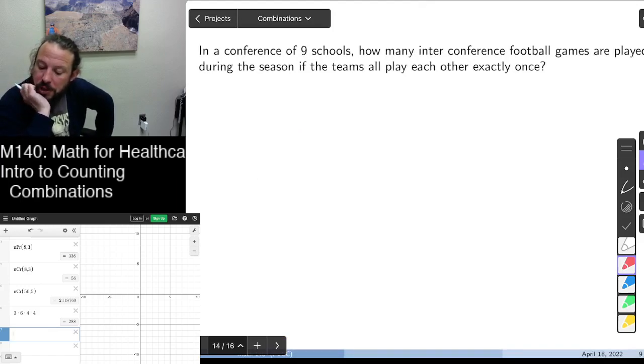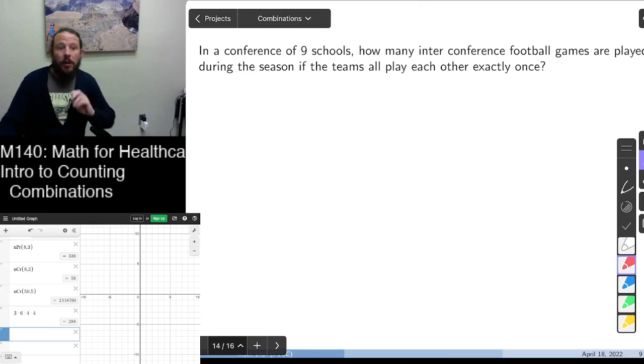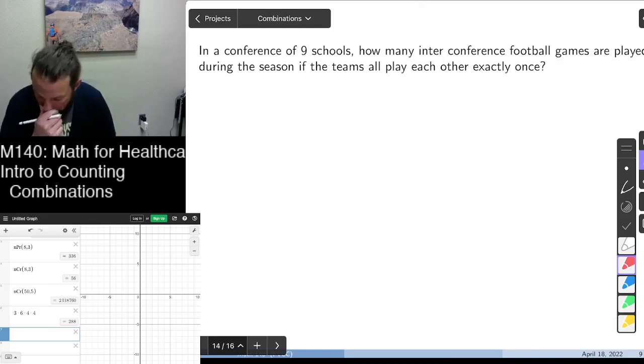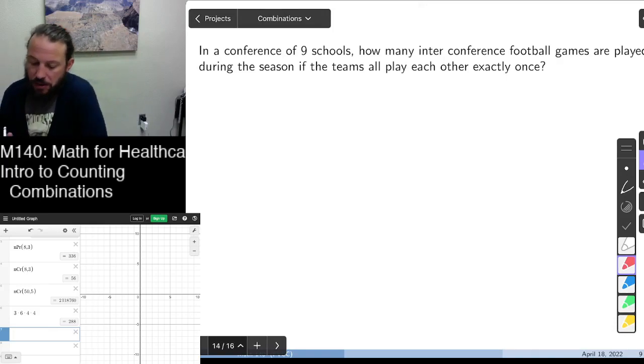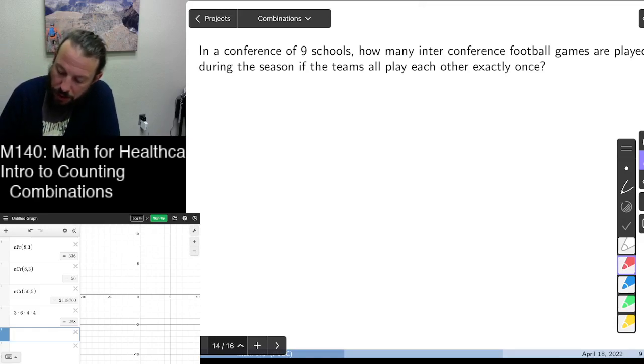How about a conference with 9 schools? How many interconference football games are played during the season? Teams shall all play each other exactly once. Now here, we could actually do this a couple ways. There's 9 ways to pick the first team, 8 ways to pick the second team.